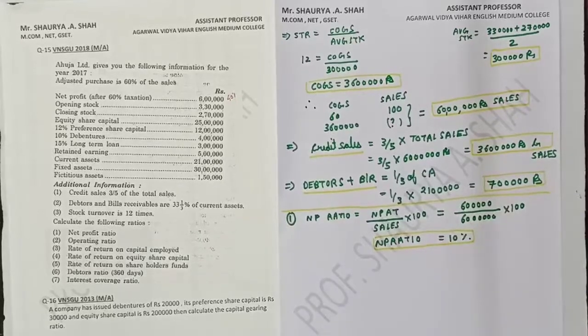There is nothing like operating expenses given in the sum, right? So what you need to do is first find out the net profit before tax amount, fine? If you find out the net profit before tax amount, then you will get the answer of your operating expenses, fine?